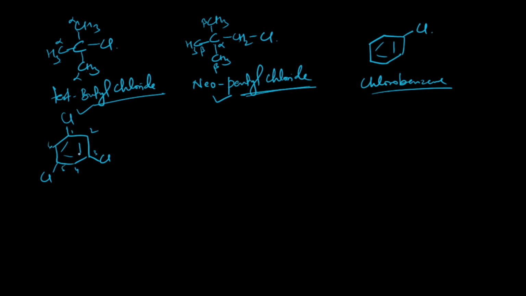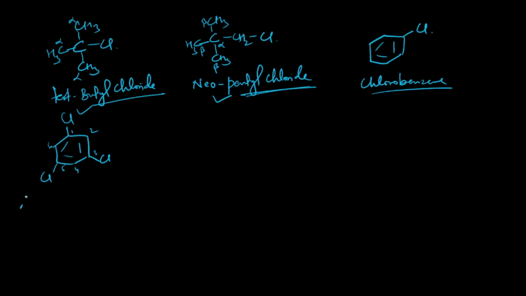So we can write 1, 3, 5 trichlorobenzene. That will be the IUPAC name. Or we can write meta trichlorobenzene, because the chlorines are at meta positions. So three chlorines are there, so meta trichlorobenzene is another name.